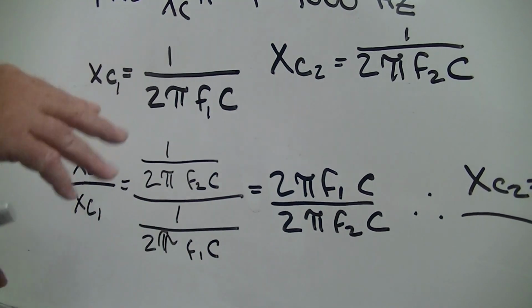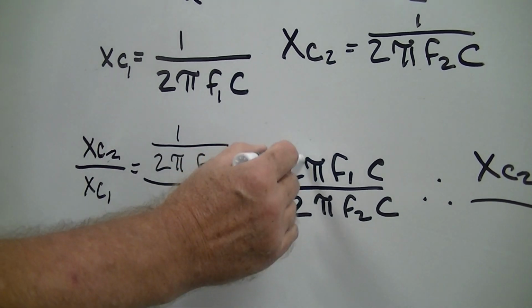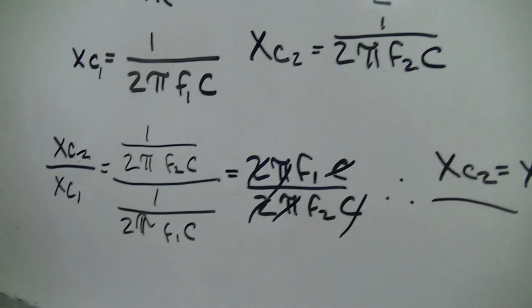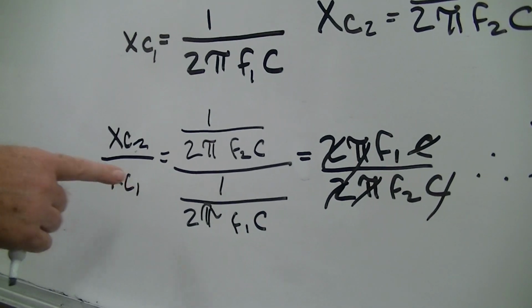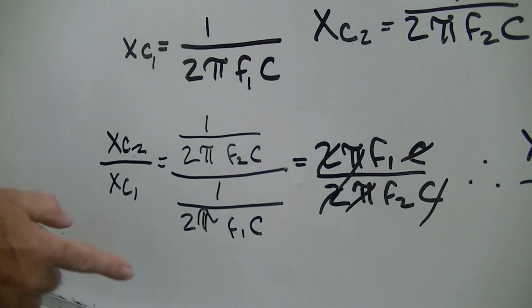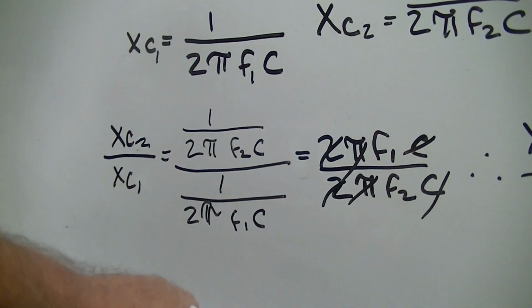When you put it together like that, you'll notice that the 2's cancel out, the pi's cancel out, because they're the same. And we're left with the ratio of the reactances being inversely proportional to the frequencies.